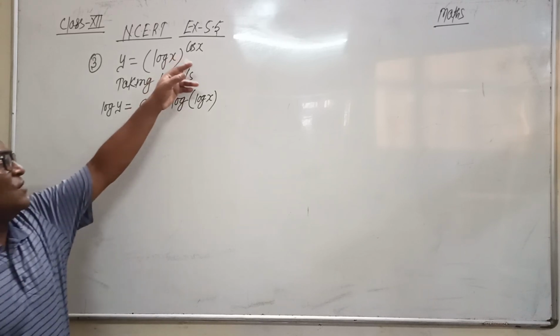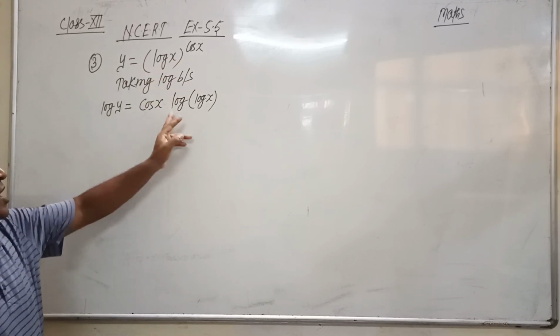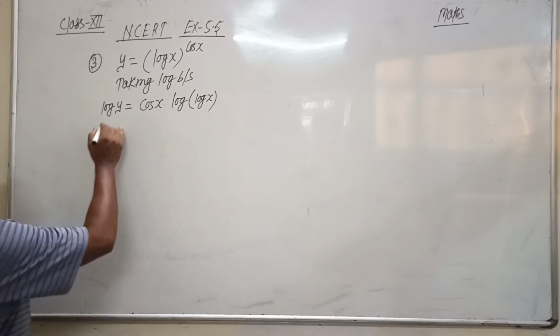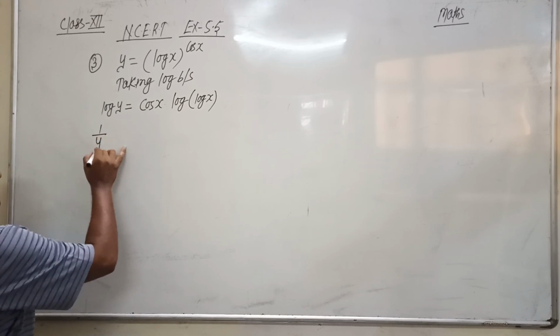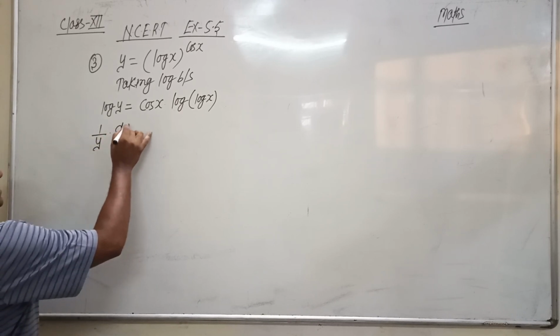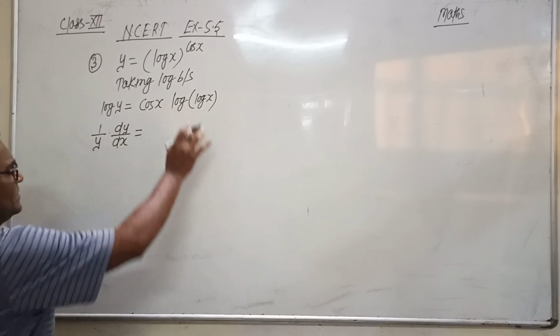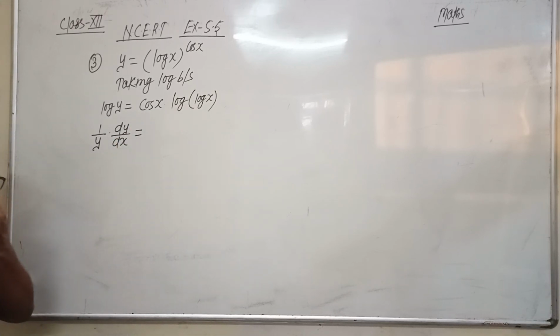Power comes before log of log x. We take log both sides. So differentiation of log y is 1 by y and differentiation of y is dy by dx. And this will be differentiated in the form u into v.